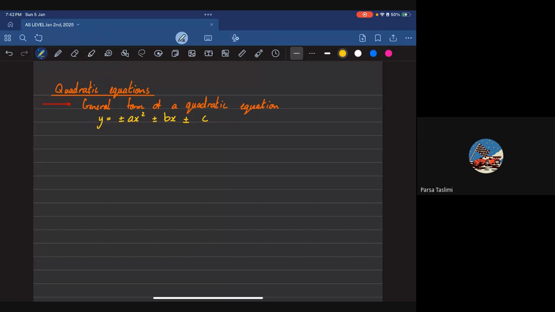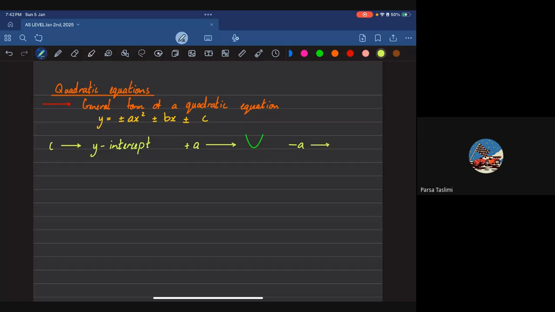In the general form of the quadratic equation, your C is again your y-intercept. So your y-intercept can be negative. And similarly, the coefficient of A is going to determine the shape: a positive A is going to be an upward opening graph, and a negative value of A is going to be a downward sloping graph.